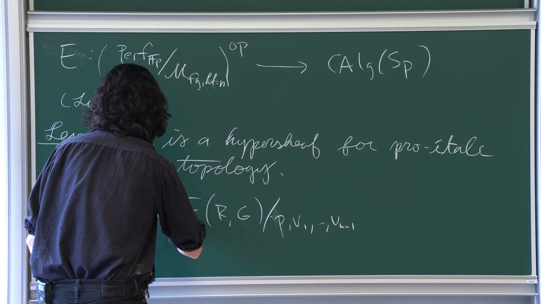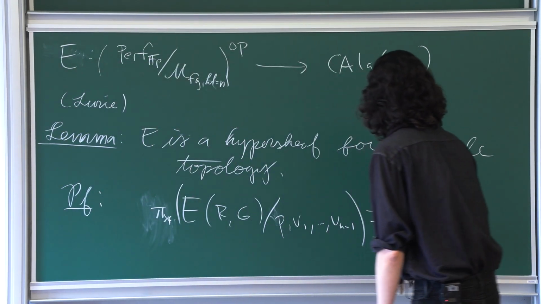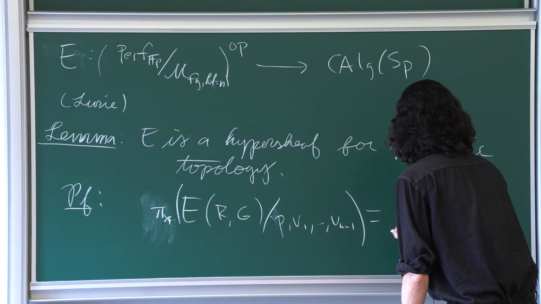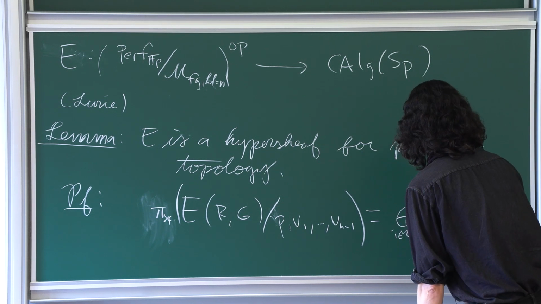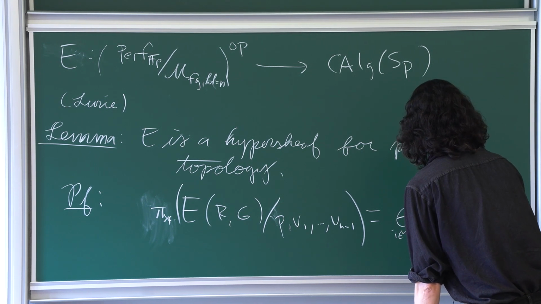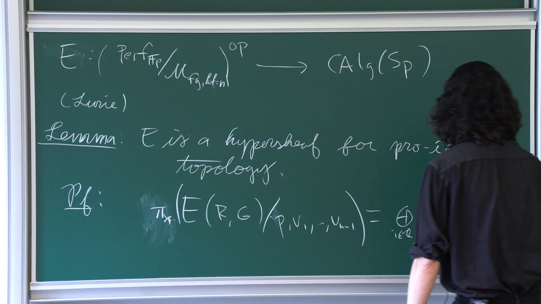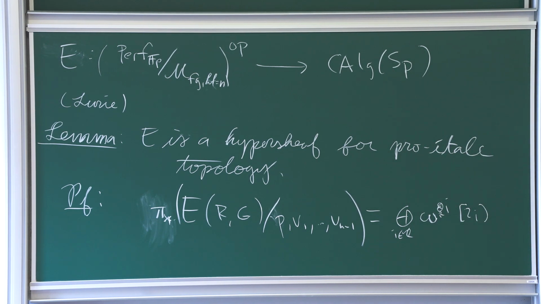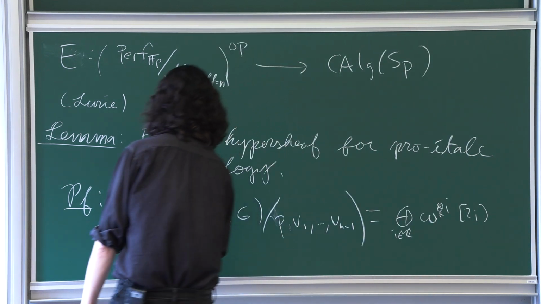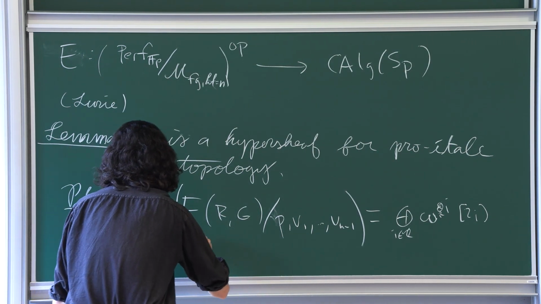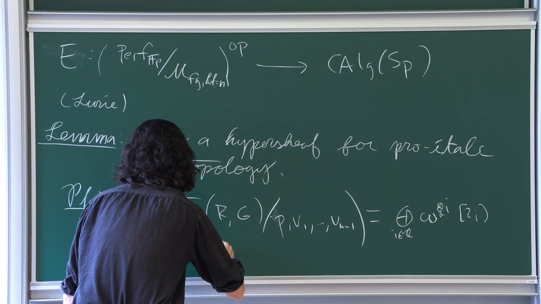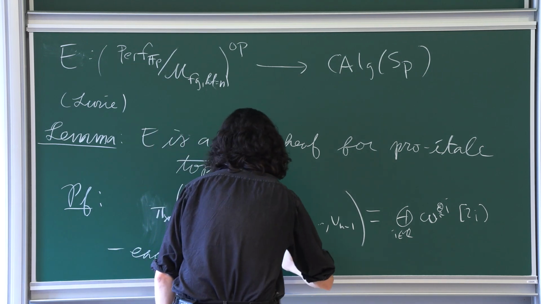And then if you take the homotopy groups of this, basically by definition, you just get a direct sum over i in Z of omega^i tensor R, in degree 2i. So each homotopy group is a quasi-coherent sheaf.